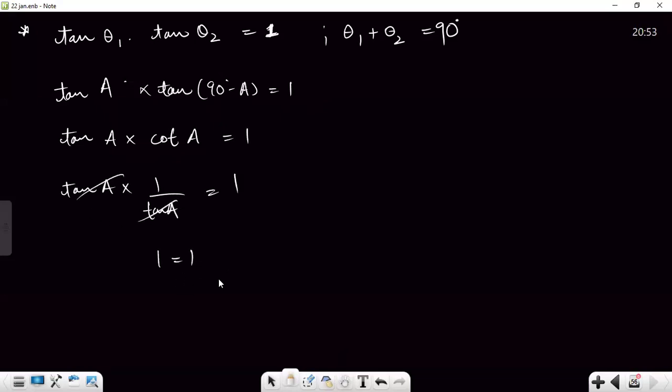So this is how the formula is proved and derived. What we need to remember is, whenever there is a product of two tangents whose angle sum is equal to 90, their product will be 1.